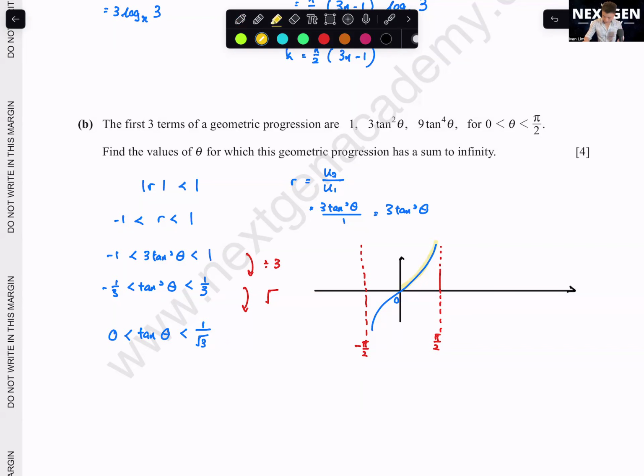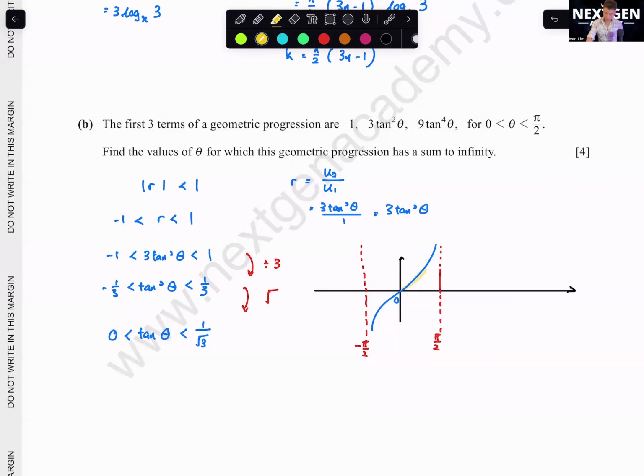We'll probably take this part here only. To be more specific, we put shift tangent 1 over root 3, and we'll get pi over 6.